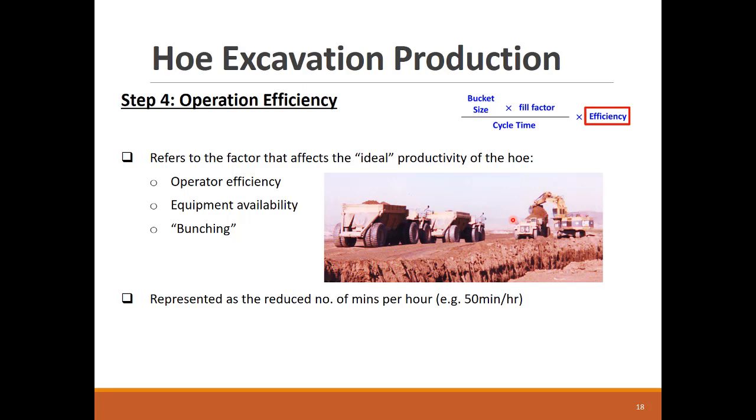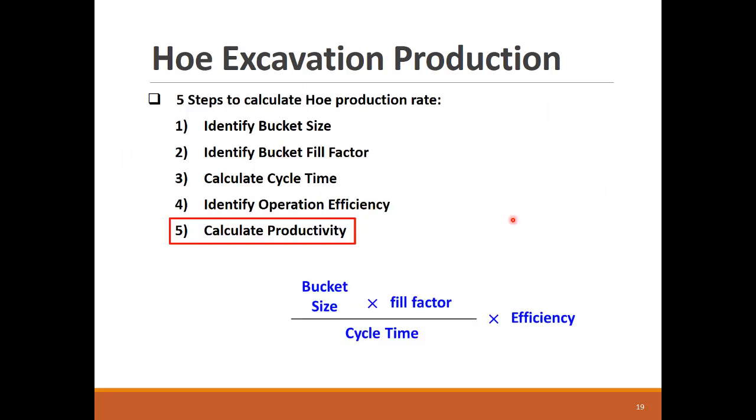Considering all these factors, your efficiency factor can be represented in a percentile value like 85%, or in the format of how many productive minutes per hour, like 50 minutes per hour. Finally, the last step is to just plug in all the values you identified in the previous steps in the formula to calculate the excavation productivity of a hoe.